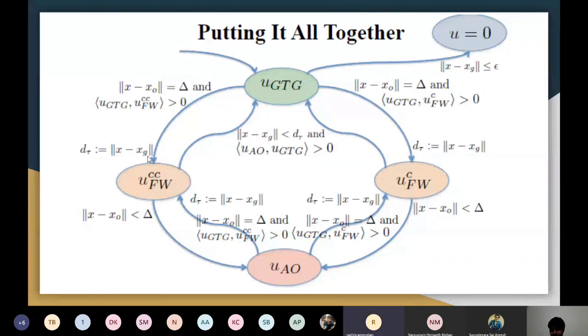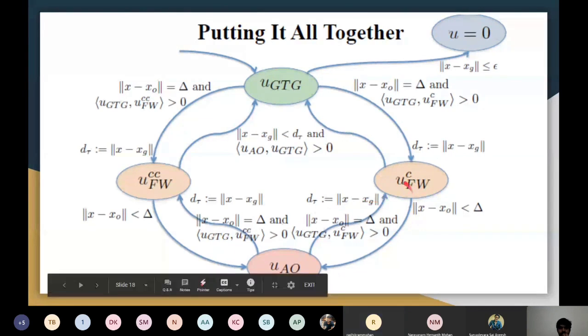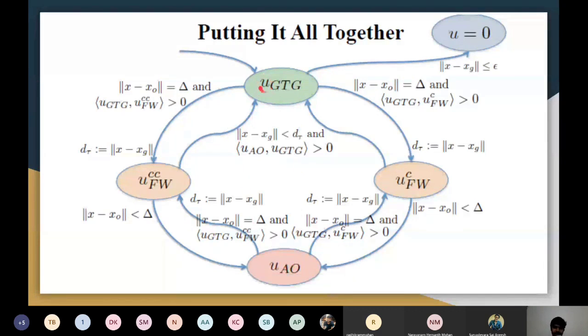I'm just confused with these notations, like this UGTG, comma UFWCC. Can you just explain that? Okay, so wherever you see this term GTG, that means go to goal. At the same time, AO means avoid obstacle. U means a behavior.